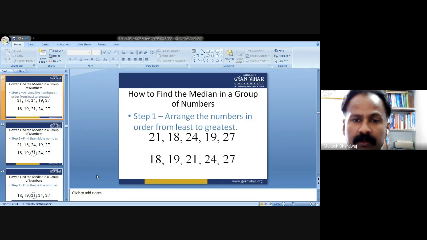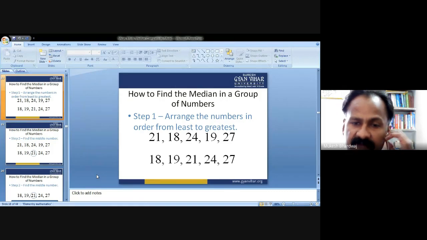How to find the median in a group of numbers? Now you just see one more example. A group of numbers is provided to you: 21, 18, 24, 19, 27. Which is the median in this set?